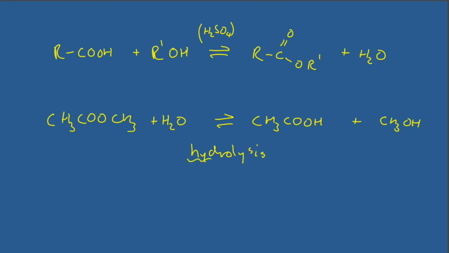Hydro comes from water, and lysis kind of means break apart. This is a hydrolysis reaction, and these are quite useful, and we will look at some examples of what we can do with it.